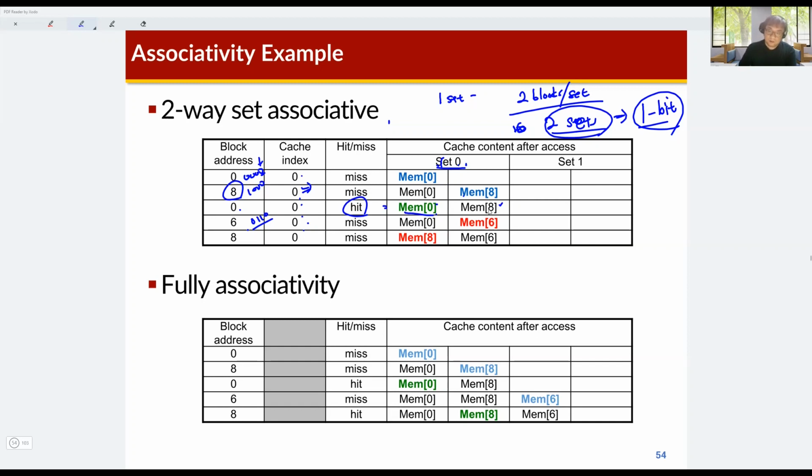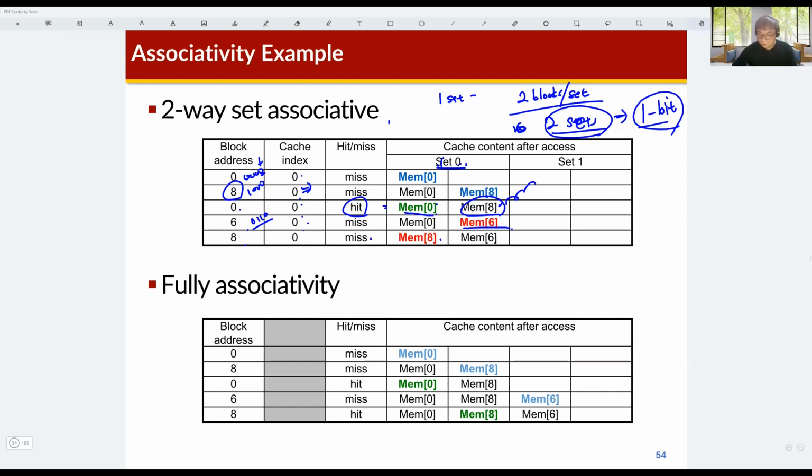So that data is evicted, and memory 6 is assigned to cache set number 0. For 8, this data was evicted, so it is not found in the cache; it's a miss.